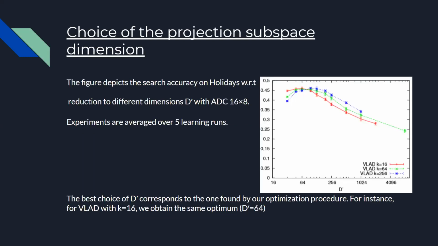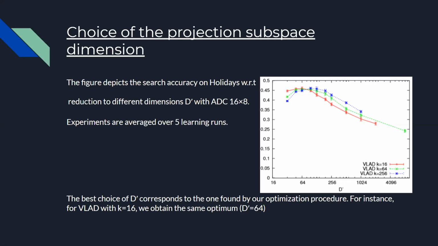Now, the choice of the projection subspace dimension. How do we choose the projection subspace dimension? This figure depicts the search accuracy on Holidays with respect to reduction to different dimensions d' with ADC 16 cross 8, and the experiments are averaged over 5 learning runs.